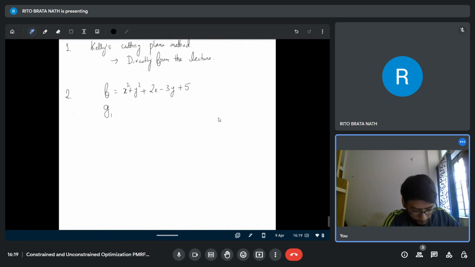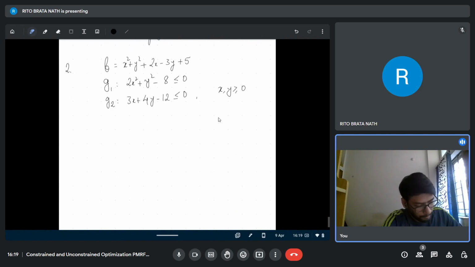Suppose g1 is 2x squared plus y squared minus 8 less than or equal to 0, g2 could be 3x plus 4y minus 12 less than or equal to 0, and in addition xy greater than or equal to 0.